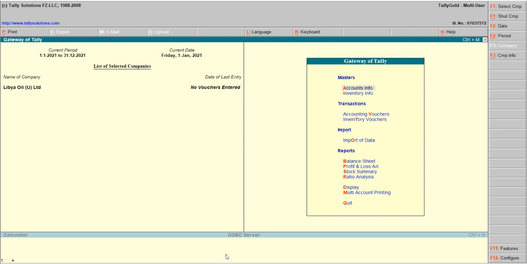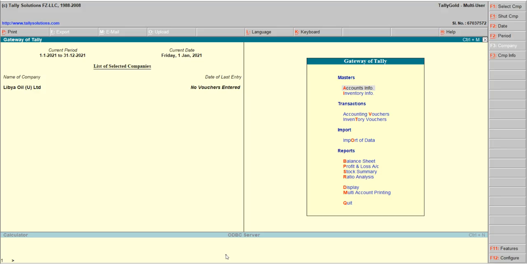You have the masters, you have the transactions, you have import, and then you also have reports. So you have to know when to use the masters, when do you use the transactions, when do you use import and reports as well.